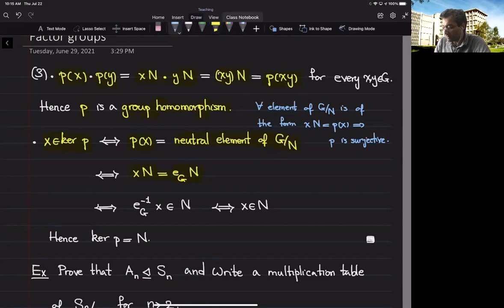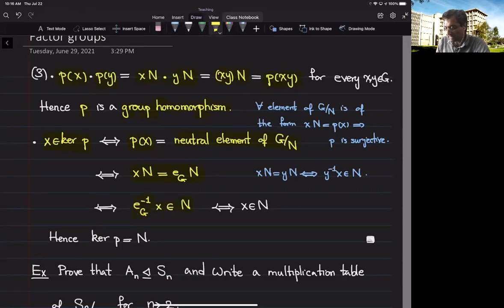But remember, two left cosets xN and yN are equal precisely when y inverse x or x inverse y belong to N. So now if I apply this for this equality, I deduce that the neutral element inverse times x should belong to the subgroup capital N. But this is the neutral element, I can drop this.